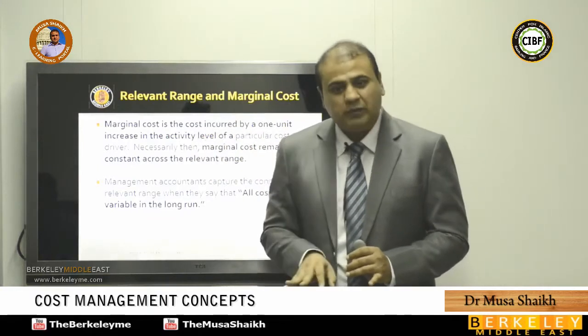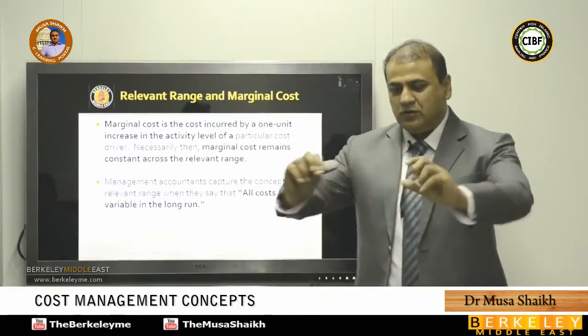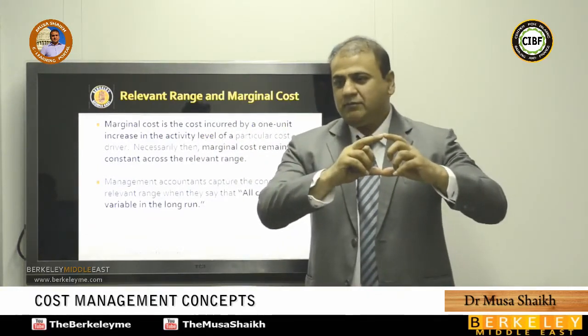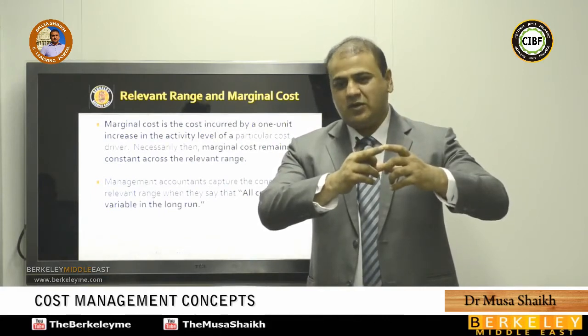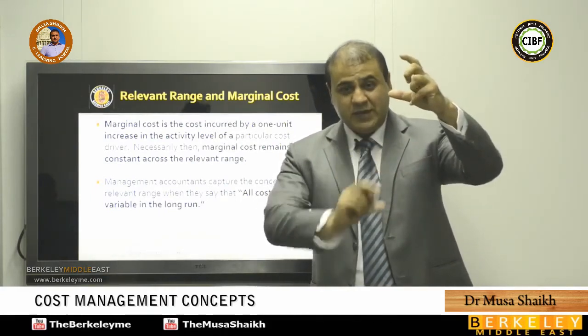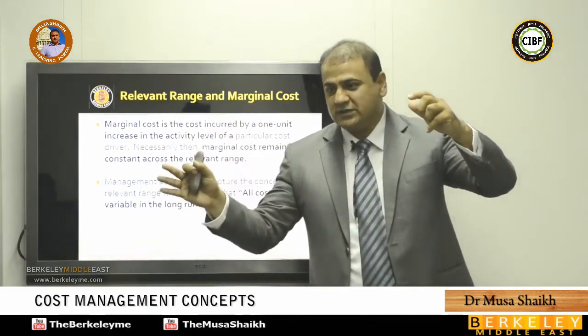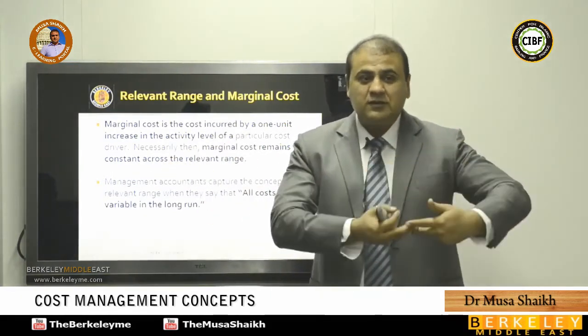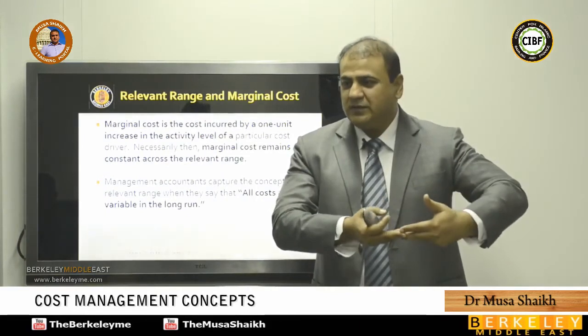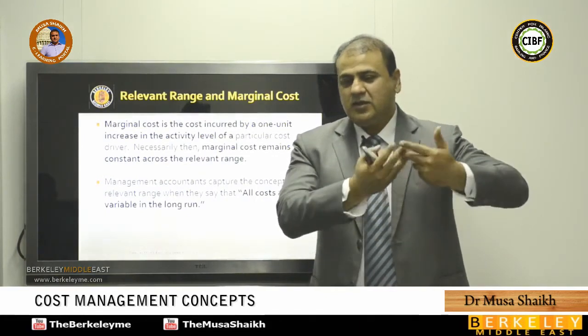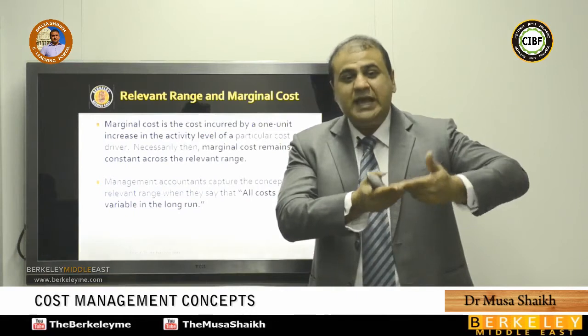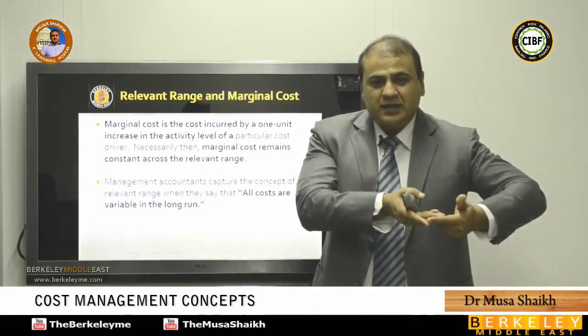So now, for the 10 people, the unit cost is 1,000 divided by 10, which is 100 per person. Previously, with 100 people invited, the cost was 1,000, so 10 per person.